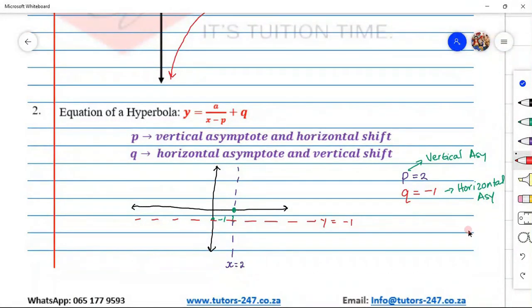So if we have a graph where a is greater than 0, we are then going to have quadrant 1 and quadrant 3 as the areas in which our graph is drawn. So our graph would basically look something like this.